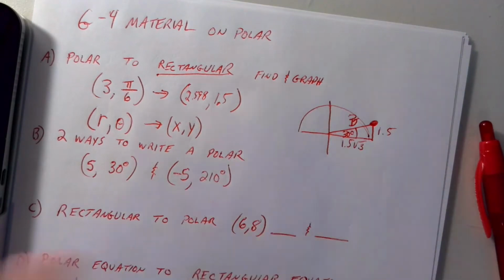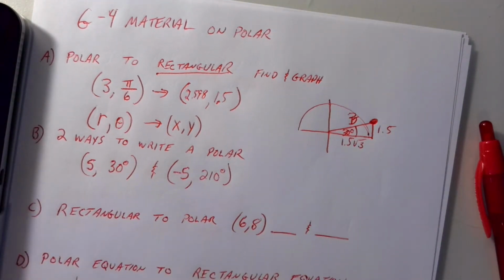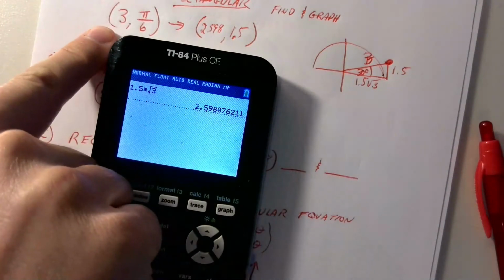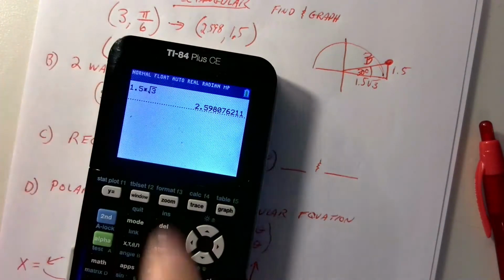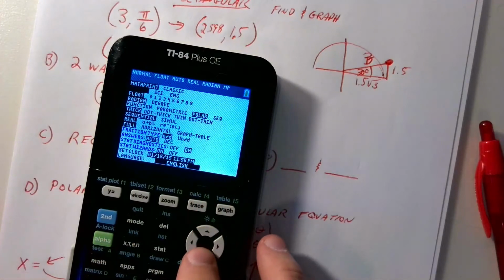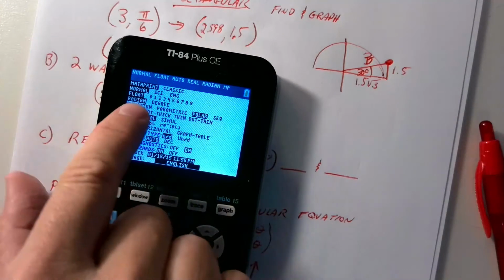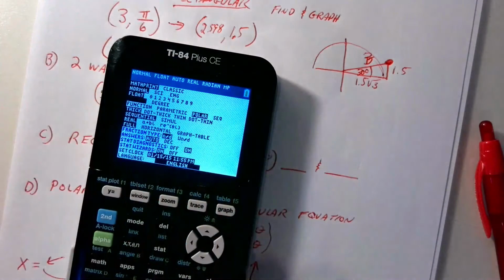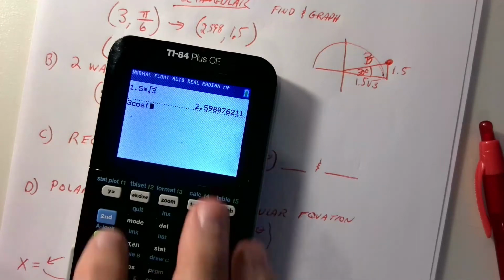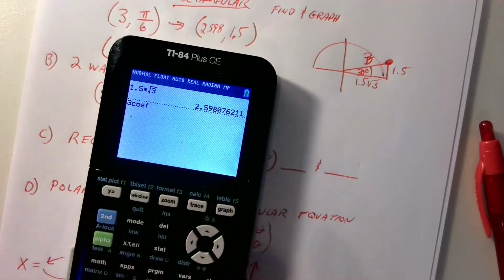And let's try something right now and watch what happens. This 3 is the r. So let me go to my calculator, give me mode here, and make sure I'm on radians, because I have a radian right here. So I'm going to do 3 times the cosine of that angle that we used, pi divided by 6.